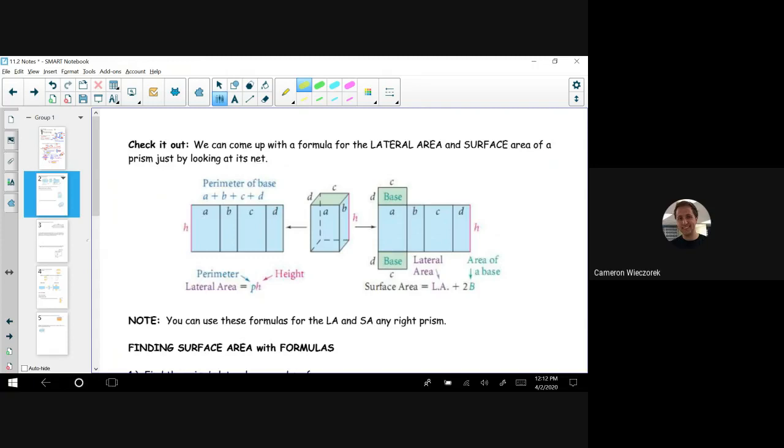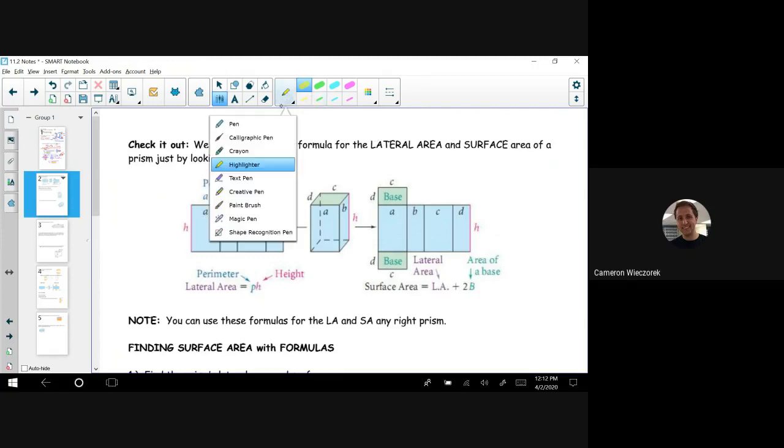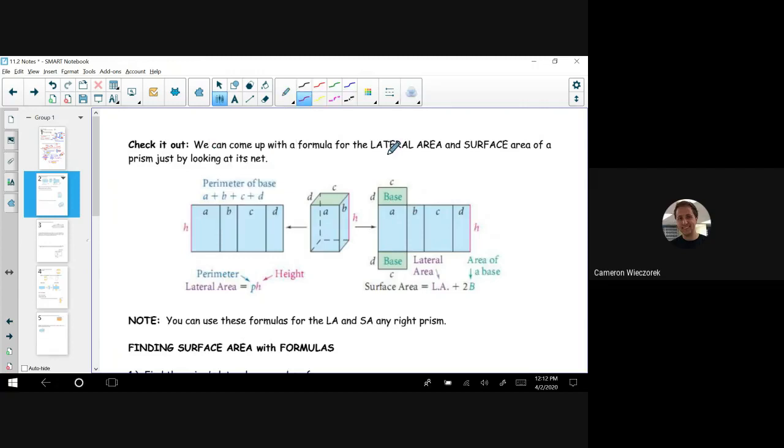But we're going to be looking at what's called lateral area as opposed to just surface area of a 3D figure. Lateral area of a 3D shape just means no bases. You're only adding up the area of the lateral faces, not including the bases.